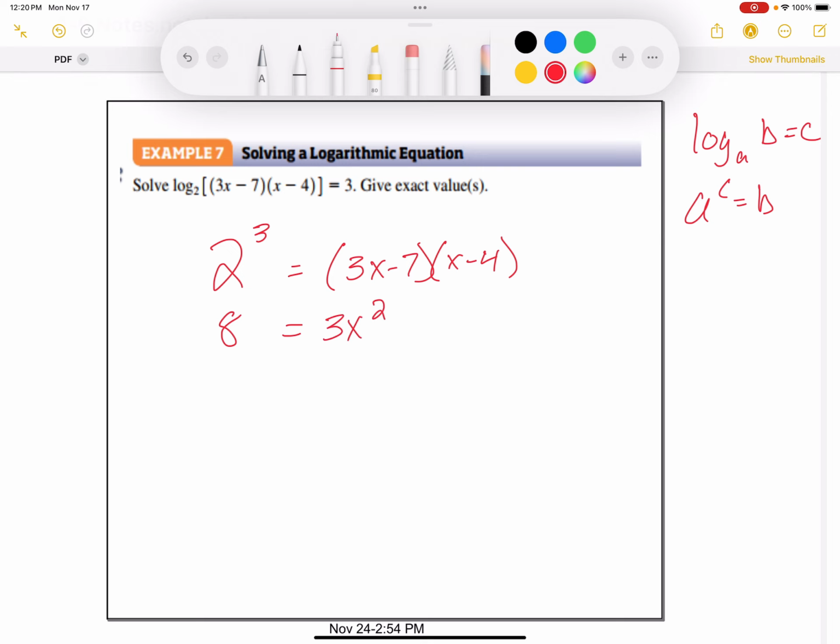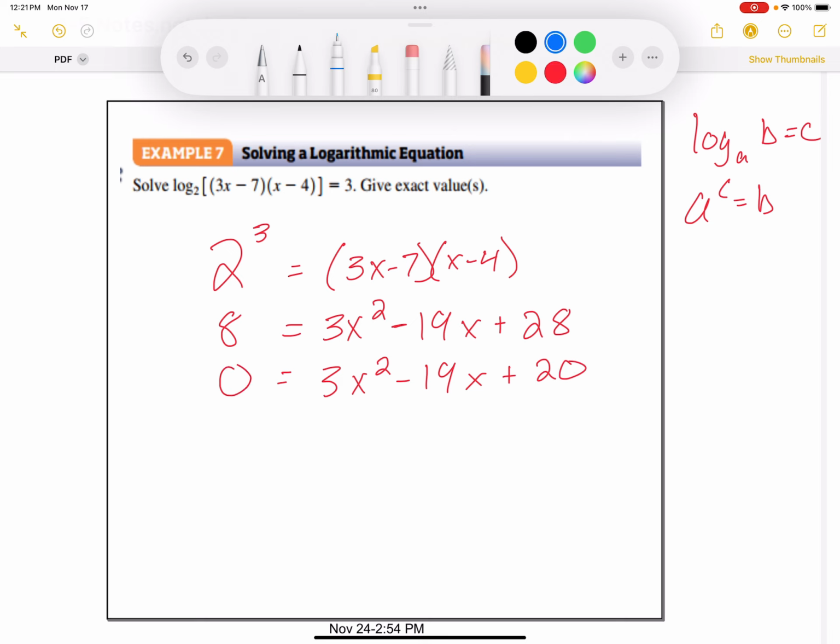And then we got 7x, negative 7x and negative 12x gives us negative 19x. And then positive 28. When you subtract the 8 on both sides, we get 3x squared minus 19x plus 20 equals 0.